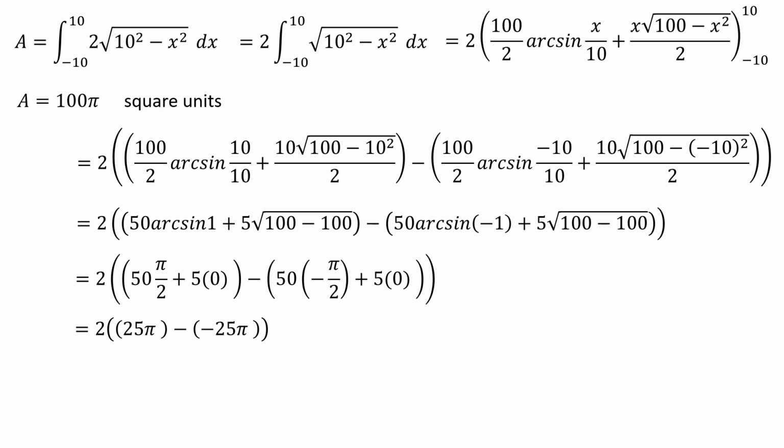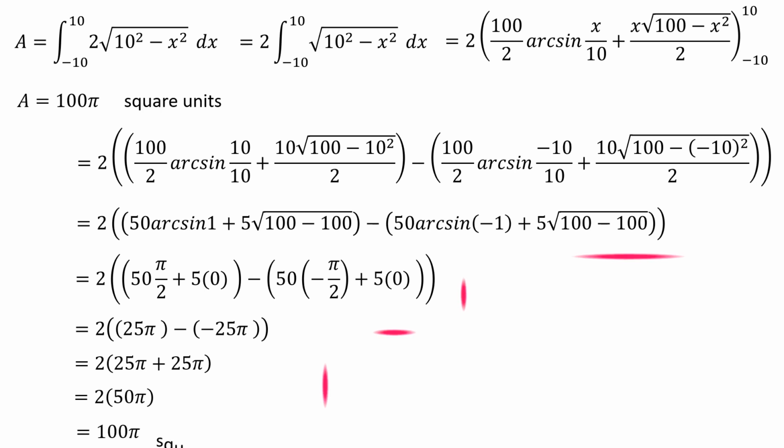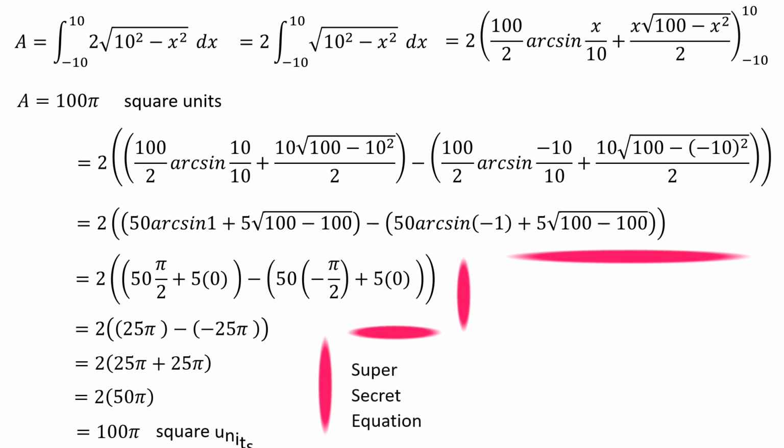Those two terms cancel out. Of course, half of 50 is where those 25s came from. And 25 plus 25 will be 50. Times 2 will be 100. And of course, we get 100 pi square units.